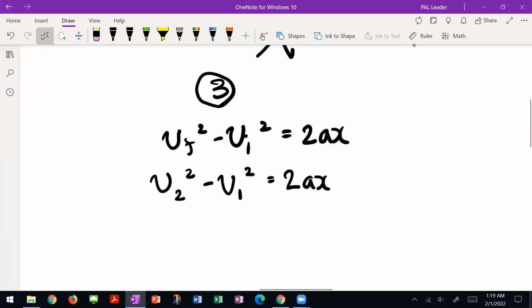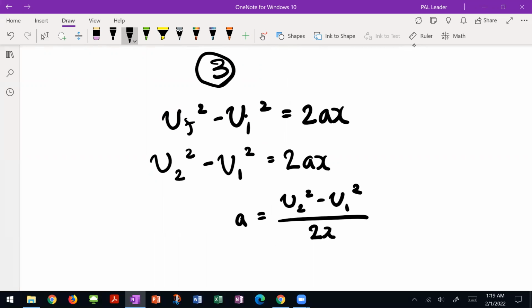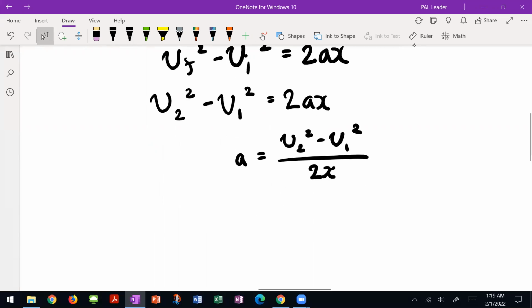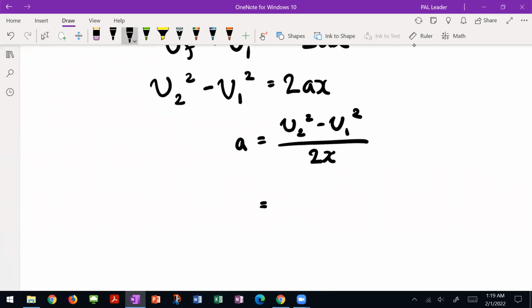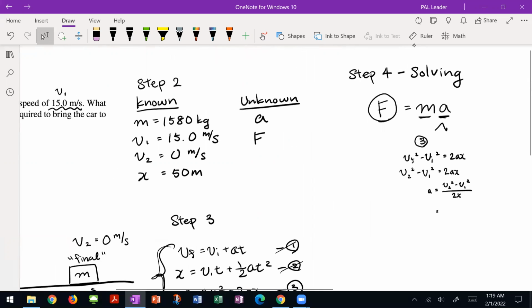Did I say divide by 2a? I hope I didn't. I meant by 2x. We want A. A equals V2 squared minus V1 squared all over 2x. And let's put in our numbers. V2, that was our final velocity, right? That was 0.